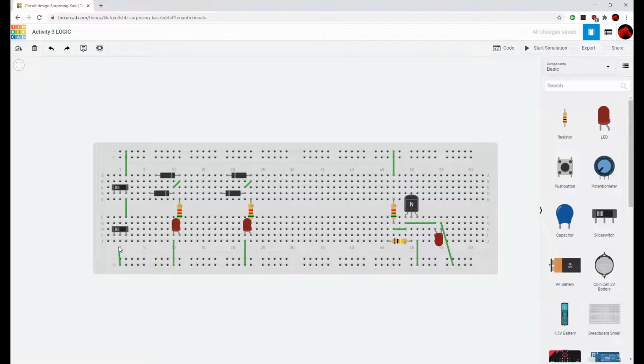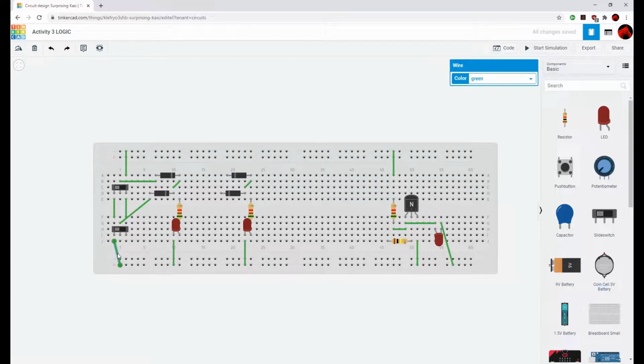So negative to there and negative to there, which makes the middle terminal for diode A and the middle terminal for diode B. And let's color code this so it's not confusing.